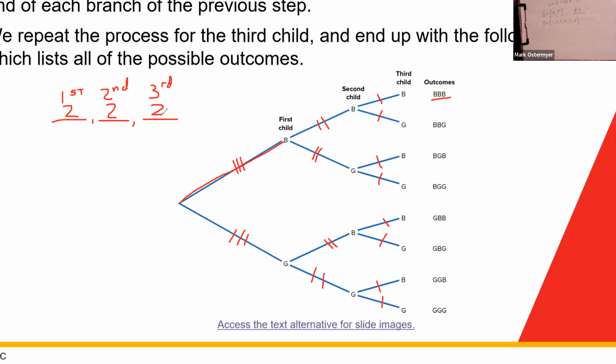There are 2 possibilities. If there are 2 ways for the first child, 2 ways for the second child, and 2 ways for the third child, then by the fundamental principle of counting, there would be 2 times 2 times 2, or 2 to the third power, or 8 possible ways of having 3 children, as far as gender is concerned. That's called the fundamental principle of counting.